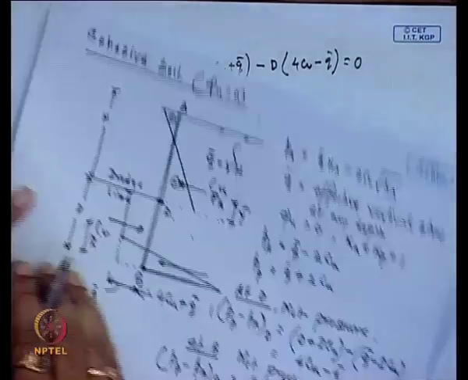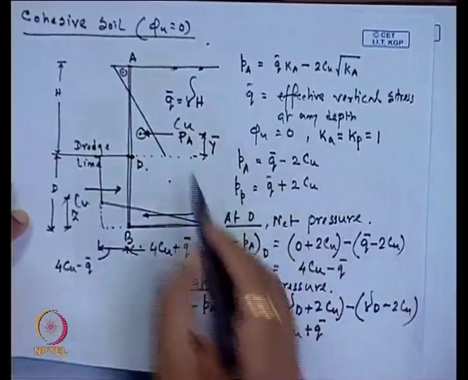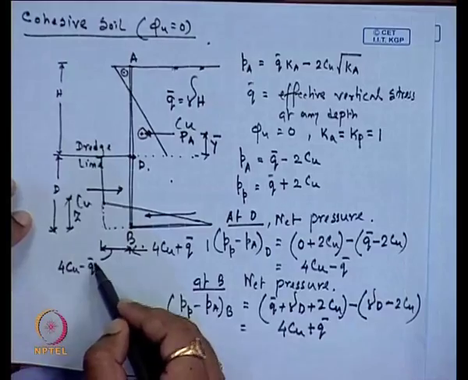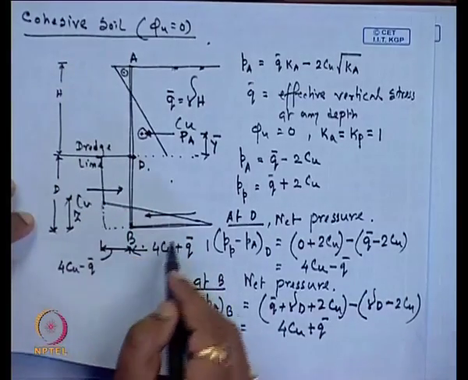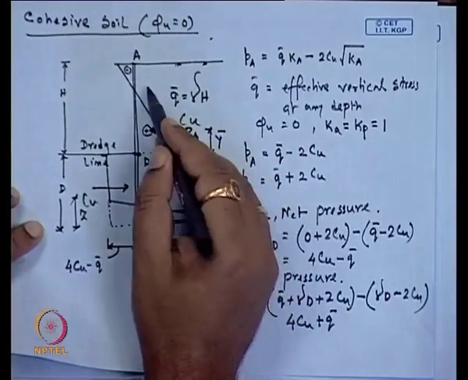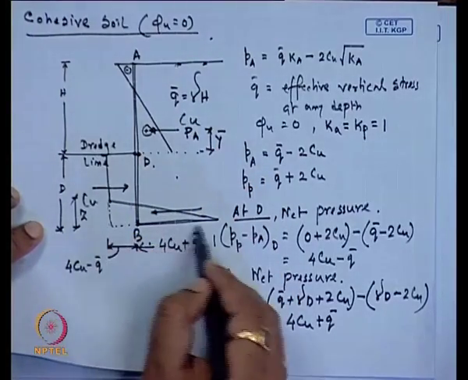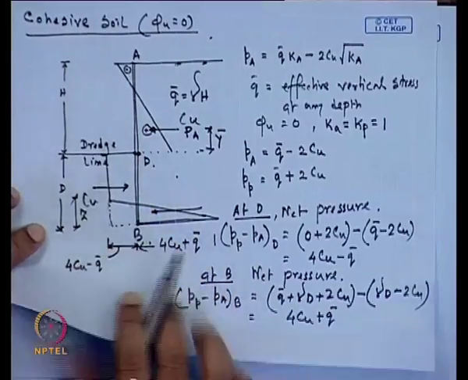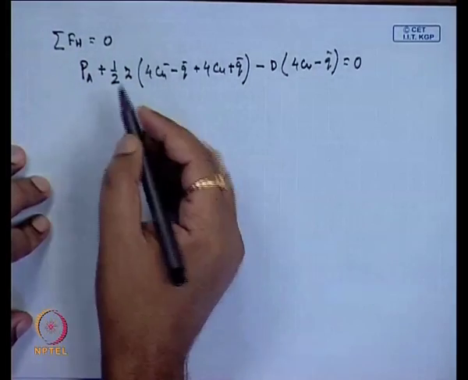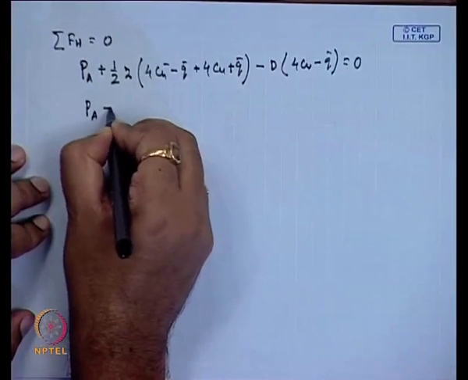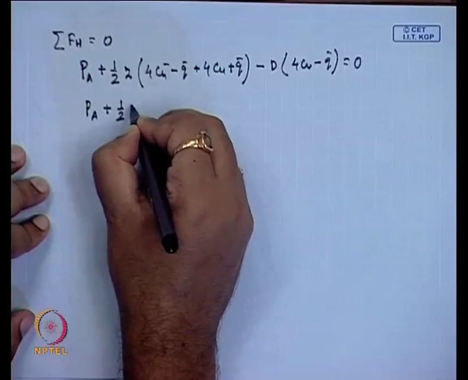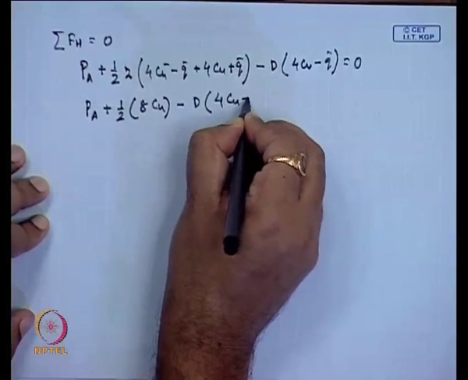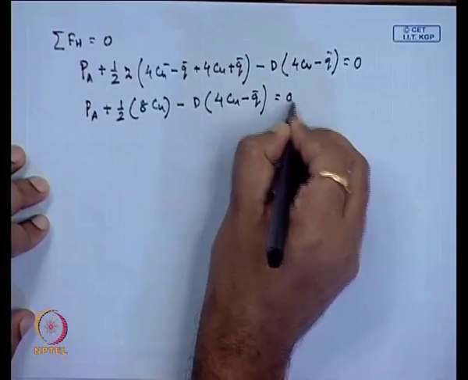So, from the upper portion force plus this triangular force, then minus this rectangular force, we can write P_A plus half into (8 C_u) Z minus d into (4 C_u minus q bar) equals 0.